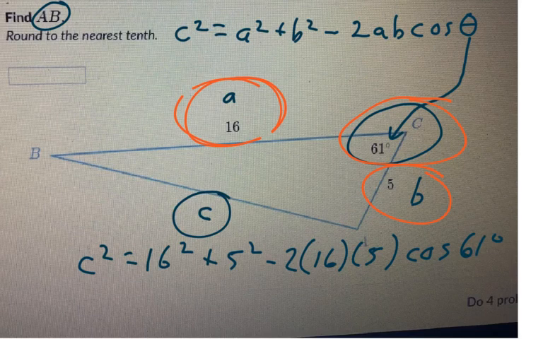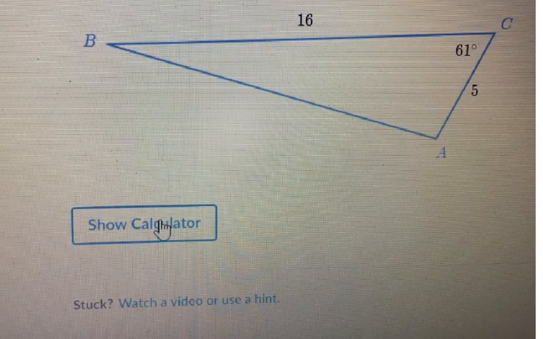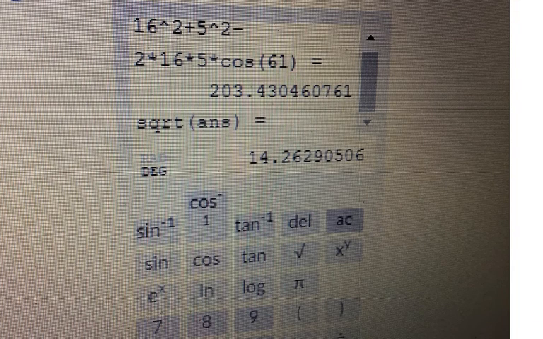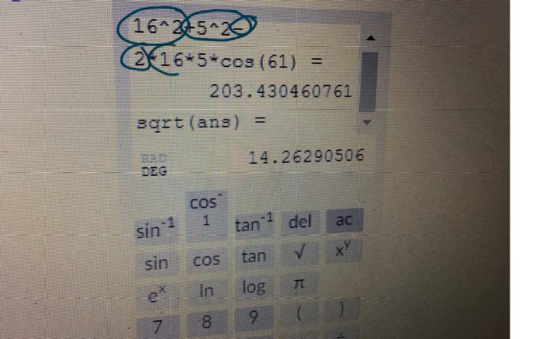Now, what's cool about this problem, of course, is we got all the numbers and calculations all on one side. So we're able to just do that in our calculator. Check this out. Here we go. I did 16 squared plus 5 squared. I minused 2 times 16 times 5 times the cosine of 61.